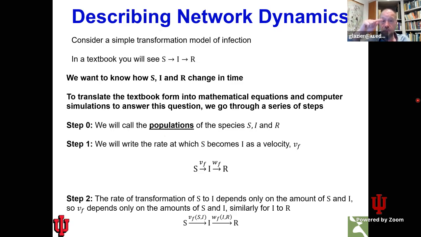In the case of an epidemic model, the dependence can go both ways, which is why I've written it that way. And classically, you use the letters V and W for rate laws because they stand for velocity. So there's a velocity at which S becomes I, and that velocity depends on the amount of S and the amount of I. There's a velocity at which I becomes R, and that depends on the amount of I and R.